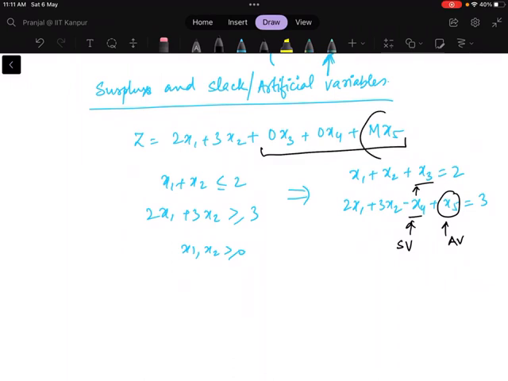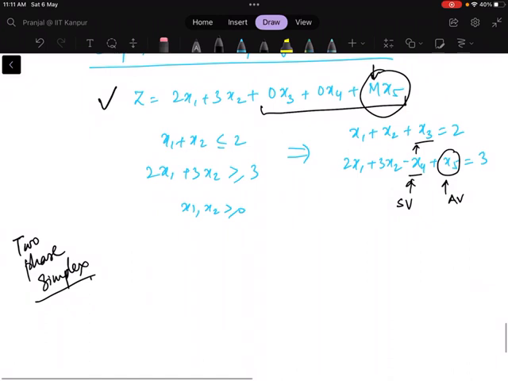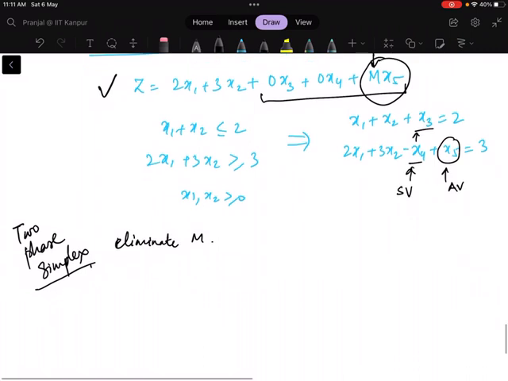In order to remove this M from the equation, because we want to minimize z, we use the two-phase simplex method, in which we try to eliminate M. All these will be explained with examples in later videos.